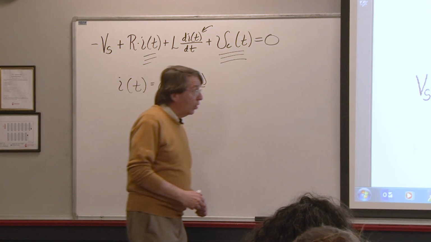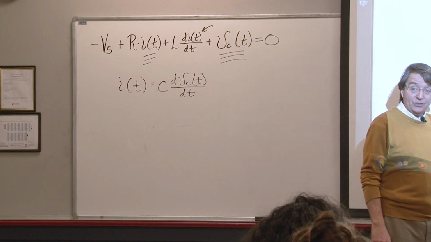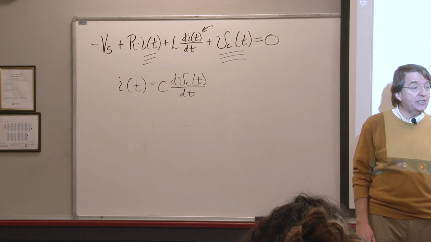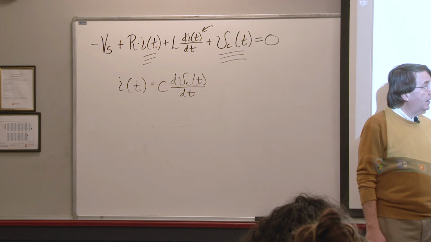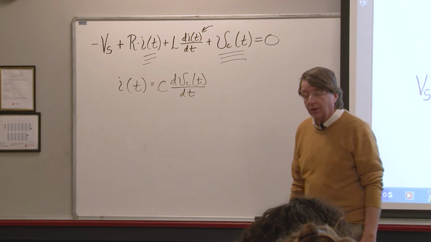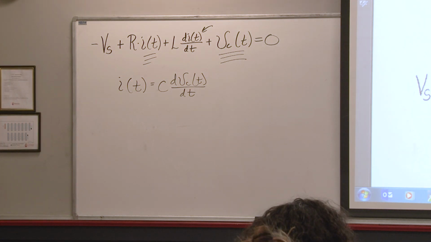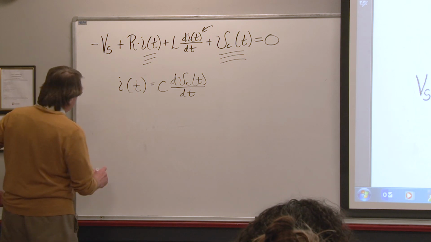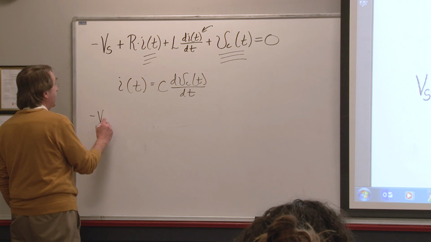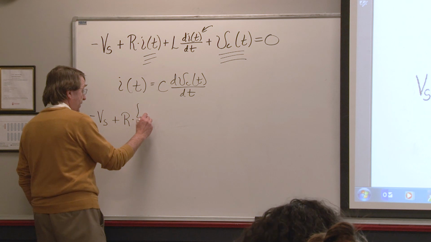Why is that true? We have a series circuit, and the current goes through the capacitor, so it must follow I equals C dv dt. Each element gets the same current. So what I now do is substitute. I get minus Vs plus R times I. What's I? C dv dt.